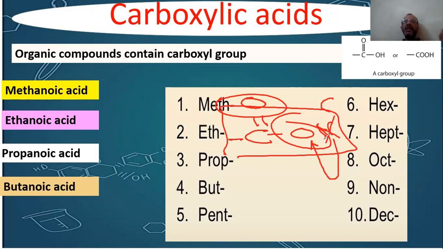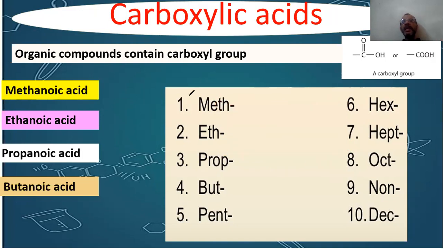So an ester contains 2 oxygen atoms, and an acid contains 2 oxygen atoms. But the difference between them: if you can find O and H attached together to the carbon atom, this one is a carboxylic acid. So how can we name carboxylic acid? Again, the rule: you have to know how many carbon atoms.